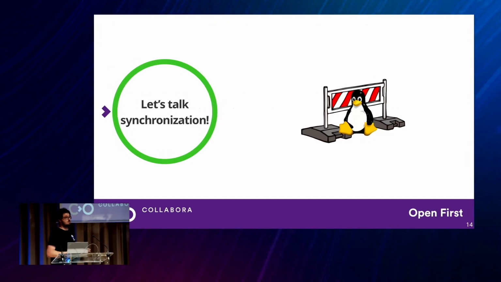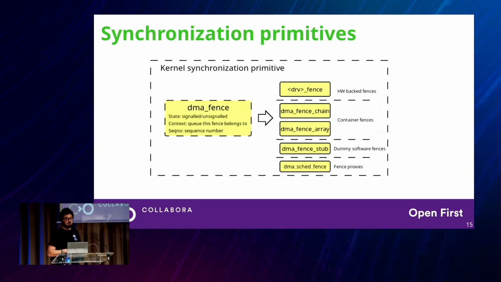So that's one part. The second part I mentioned earlier was synchronization. And it's actually all based on some core component that exists in the kernel driver that's named DMA fence. And the DMA fence itself is nothing. It's just an interface that someone has to implement.